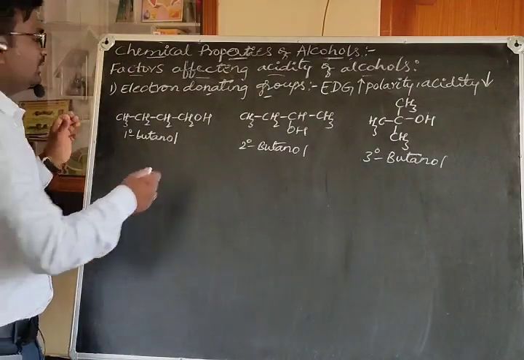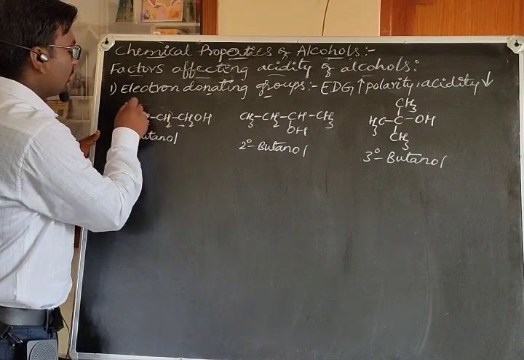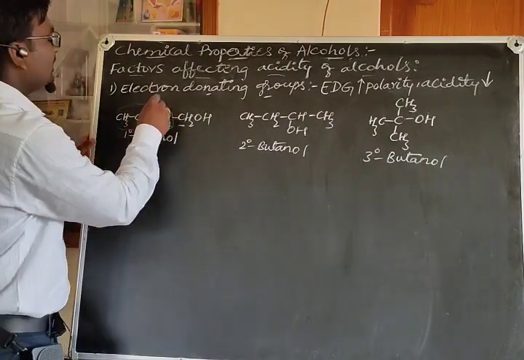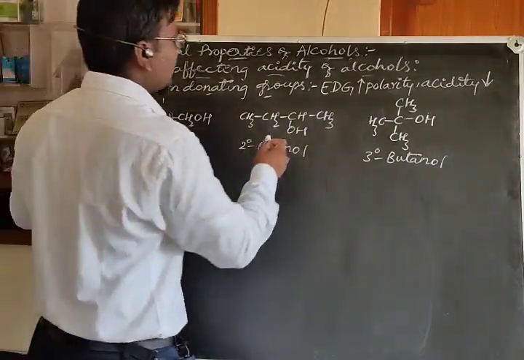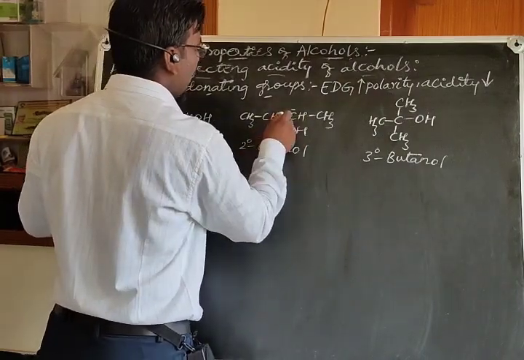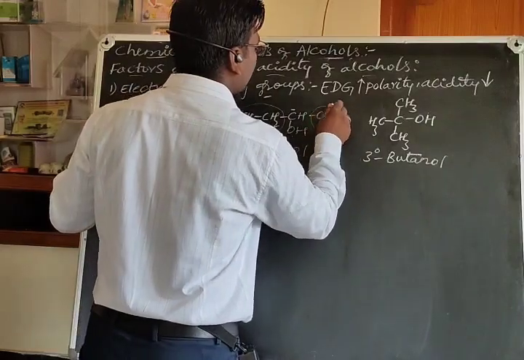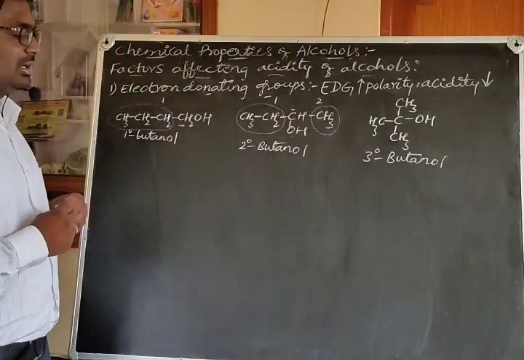Here you can see that this is the carbon holding the OH group and having a propyl alkyl group. This acts as one alkyl group. Come to this. This is the carbon containing the functional group OH, and on this side you have one ethyl group, and on the other side another methyl group, meaning it contains two alkyl groups.